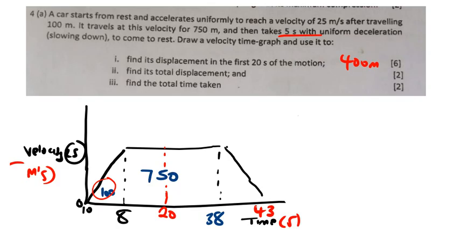Total displacement. So for the first phase it was 100 meters. The other phase, this one, it is 750. Then we have to find the other phase, this one. Okay, so what are we going to do to find that one, the last part of the displacement?